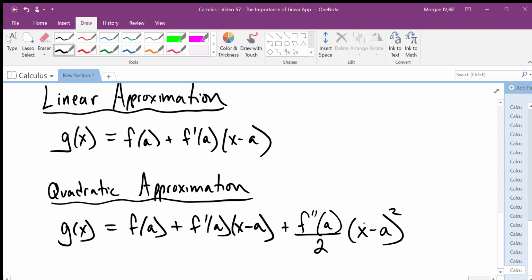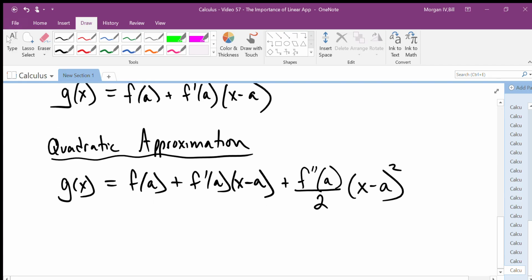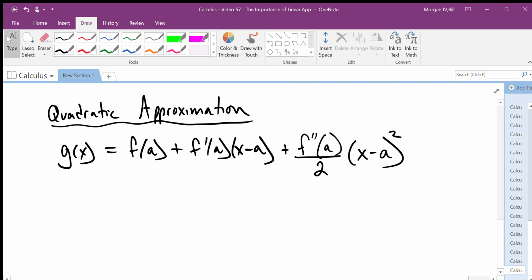Now we see that we have a quadratic here, where the coefficient of the quadratic is the second derivative at a divided by 2. That would be the quadratic approximation. Let's see if you can come up with the degree 3 approximation.